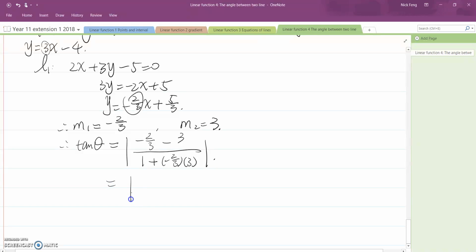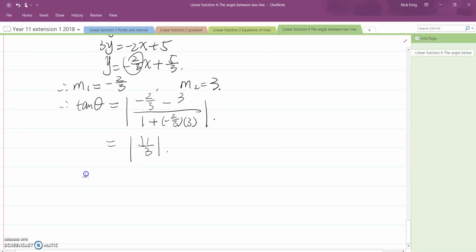So if you put everything into the calculator, the top one should be negative 2 on 3 minus 3, over 1 minus 2, which will give you 11 on 3.